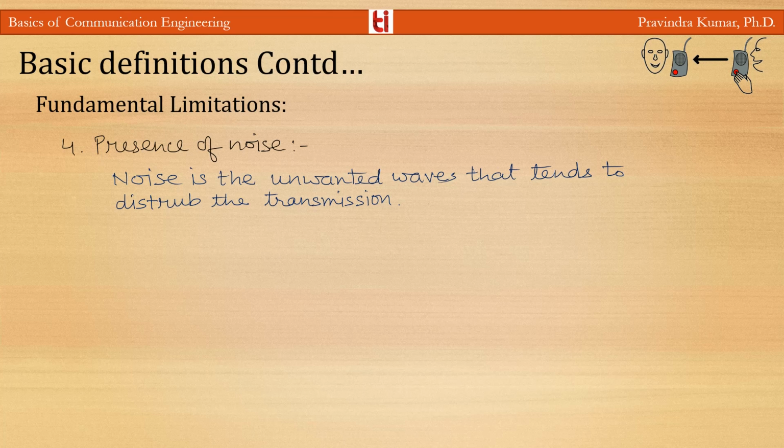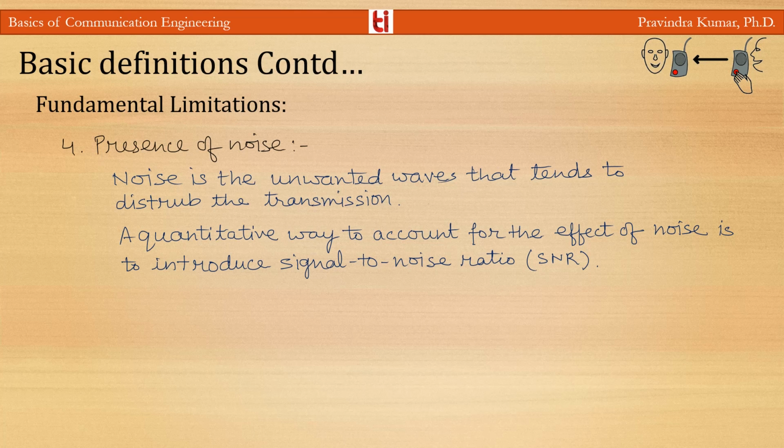The sources of noise may be internal or external to the system. A quantitative way to account for the effect of noise is to introduce the signal to noise ratio. So to check the effect of noise, there is one parameter, the signal to noise ratio, as a system parameter.